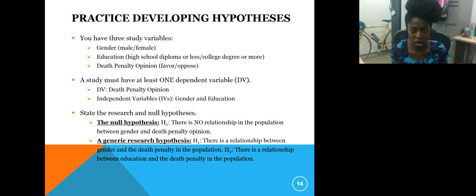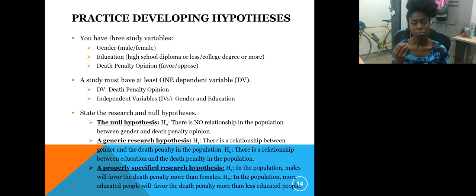I call it generic because in most studies you'll see a more specified research hypothesis, where they've gone out and read some literature that might indicate why they think males would favor it more than females, or females more than males, or more educated people more than less educated people.